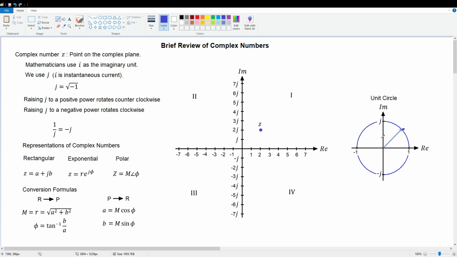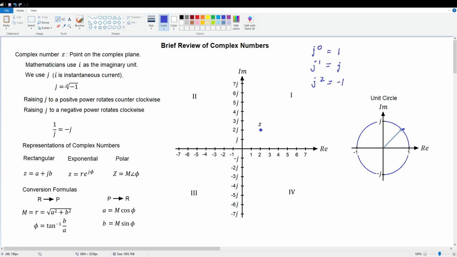To wrap our heads around this, let's start with J to the 0 power. Any number raised to the 0 power equals 1. So here's J to the 0 power, 1. J to the first power we know is simply J, and that's right here. And we know that J squared equals -1.